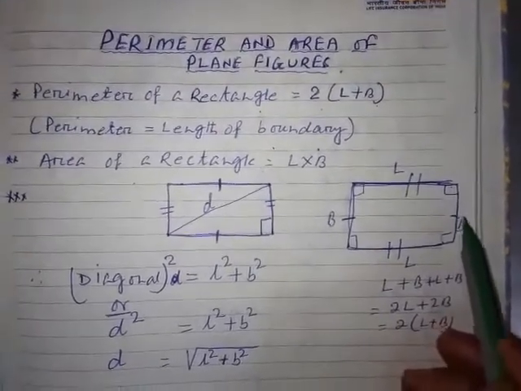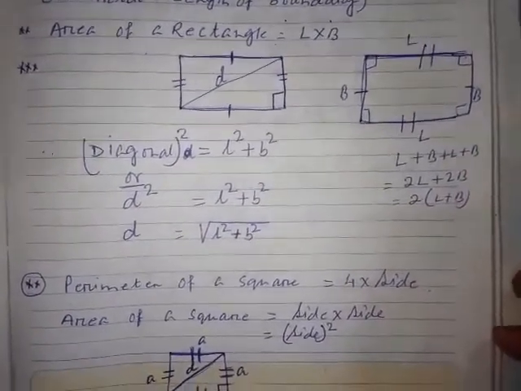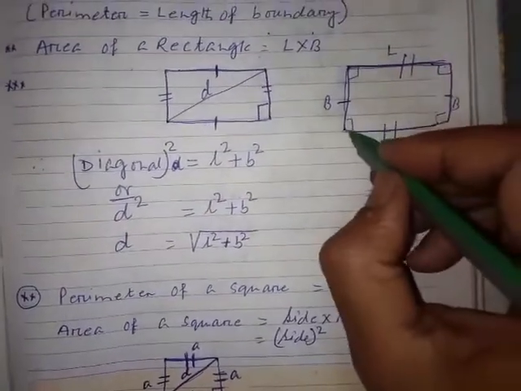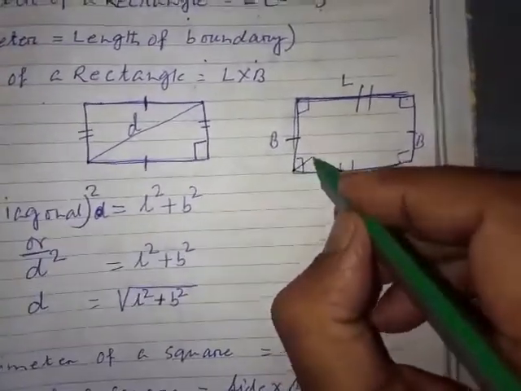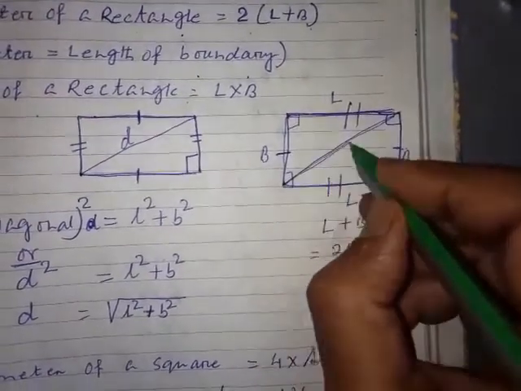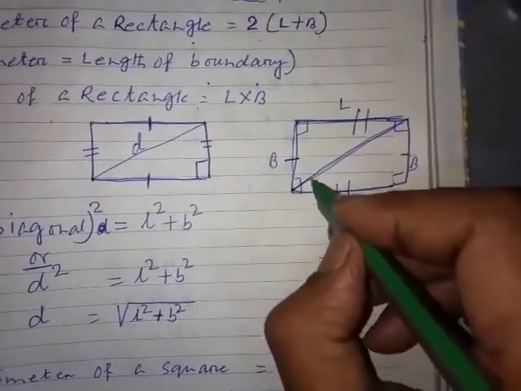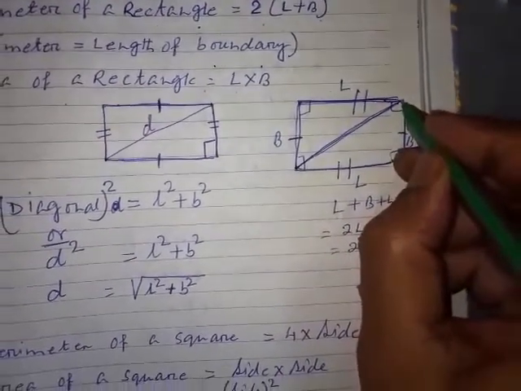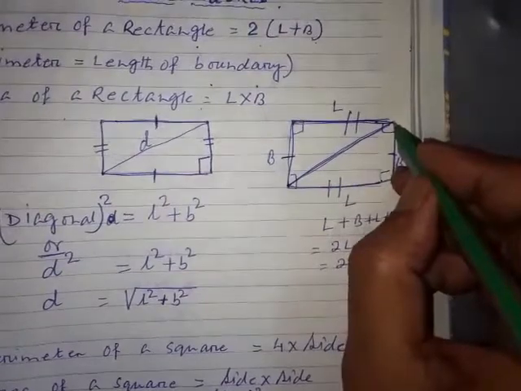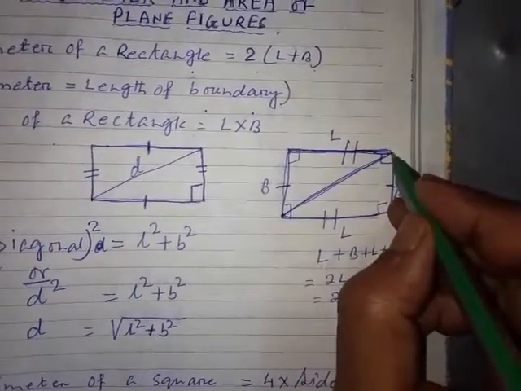Now I am going to discuss the diagonal. What is called a diagonal? First you must know what a diagonal is. If you draw a line which touches two opposite vertices of a rectangle, that is what is called a diagonal. Here you can see this is a vertex, where two sides meet together at a particular point.